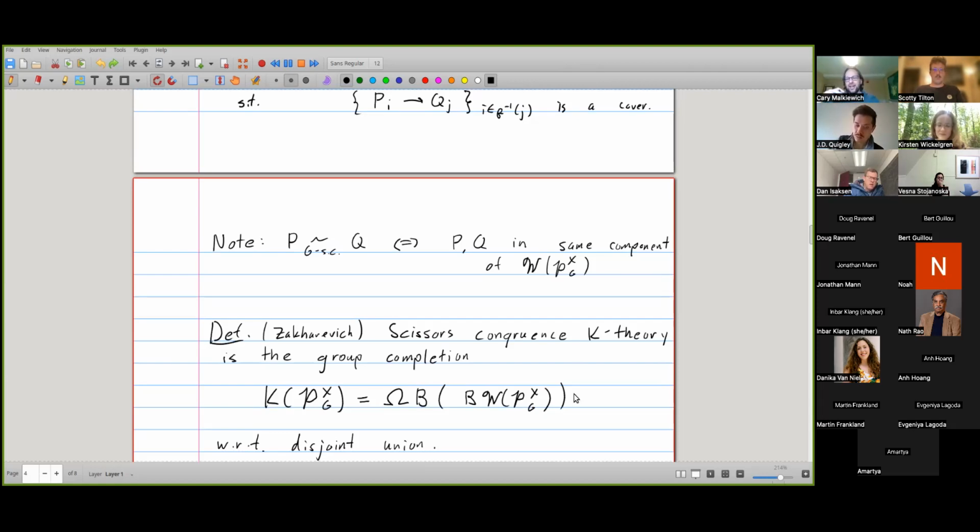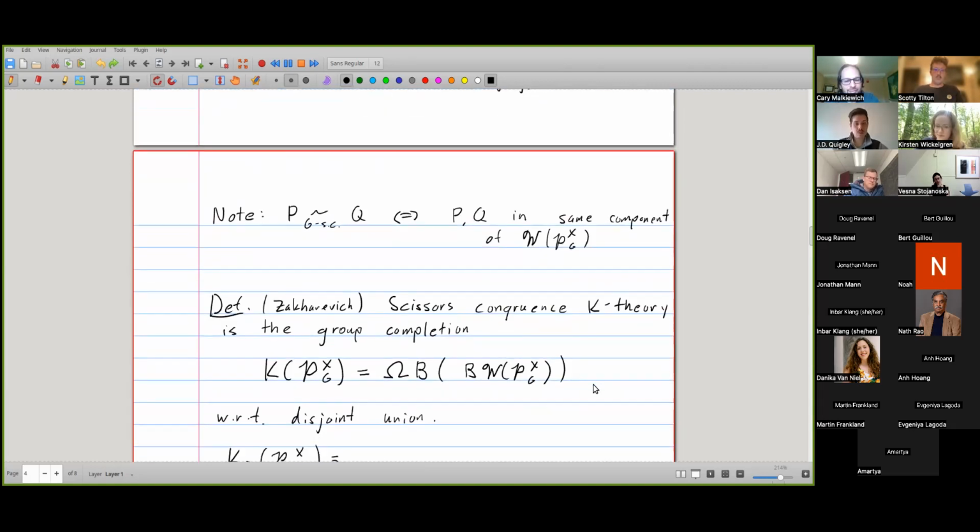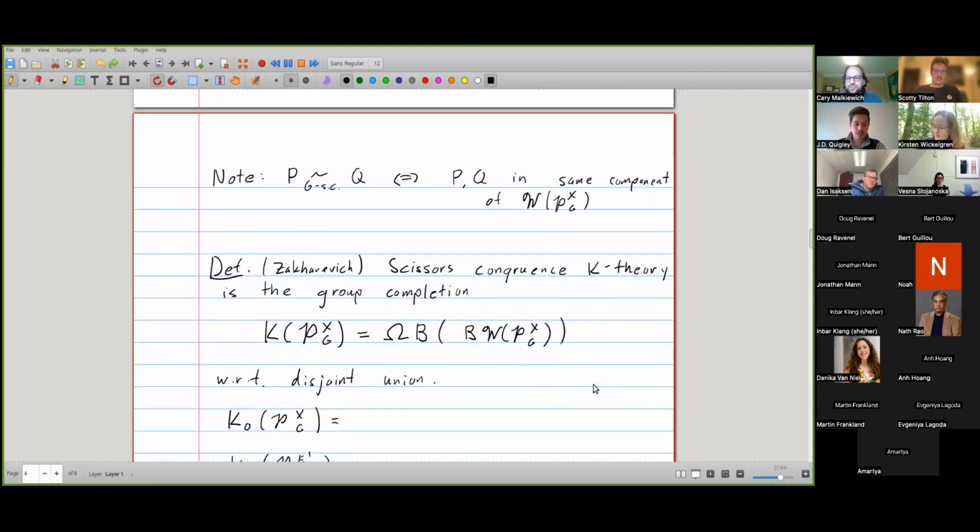So you think of this as like, I took some moduli space of polytopes and maps between them that cut the polytopes up and rearranged by elements of G. Scissors congruence K-theory is the group completion of that moduli space. Okay, so when you work this out, the lowest K group, in other words, pi naught of the space after group completing, is exactly the classical scissors congruence group P(X,G).